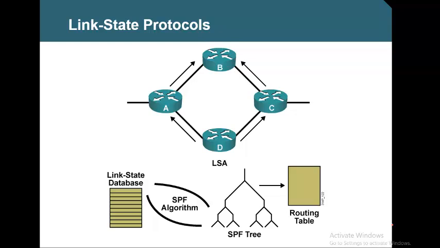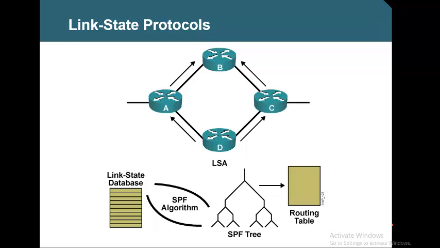A link state routing protocol advertises the link status. What is sent in a link status? The status of the link, like whether it is up or down, and whether there is an area configured. If so, what is the area, and what is the mask, and the subnet, meaning the prefix and the mask, and the timers, the hello timer and the dead timer.